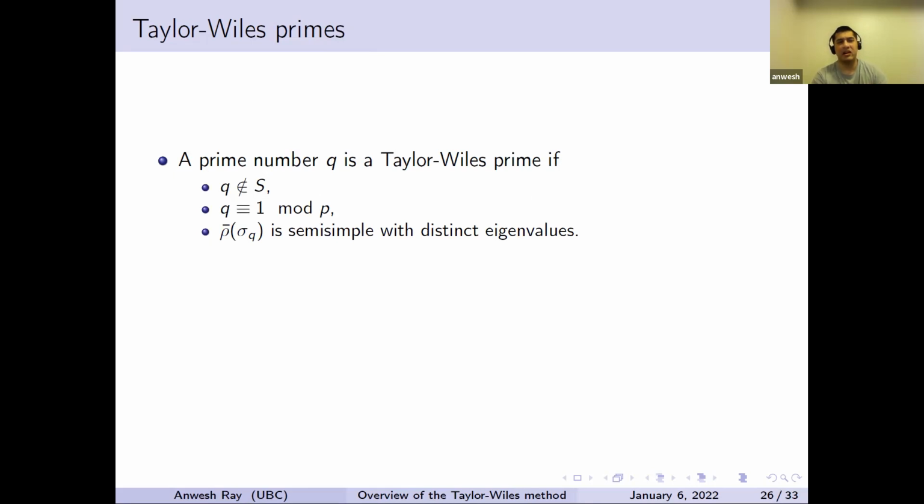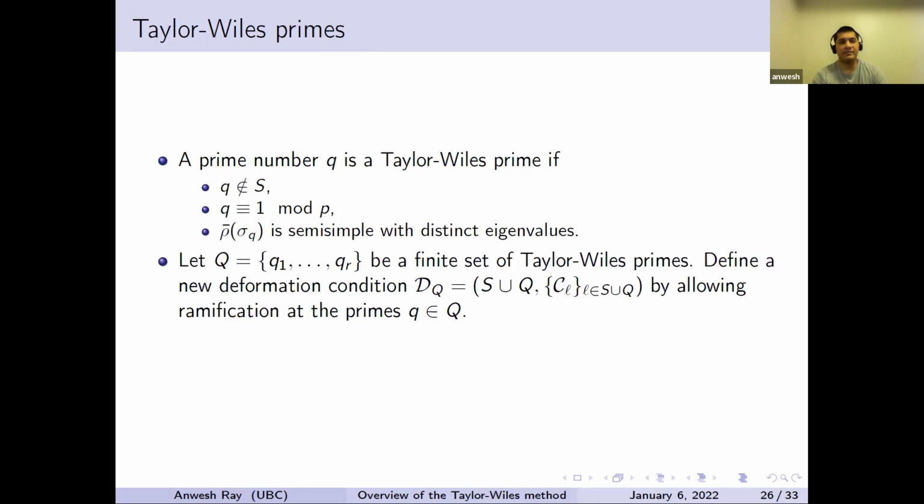So these conditions are important for the representation theoretic aspect of this. Now suppose capital Q is a set of finitely many Taylor-Wiles primes. Associated to such a set Q, we can define a new deformation condition.